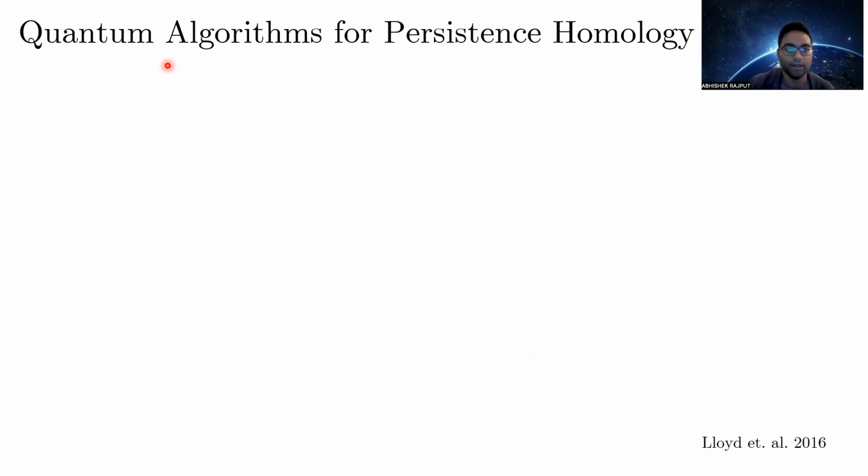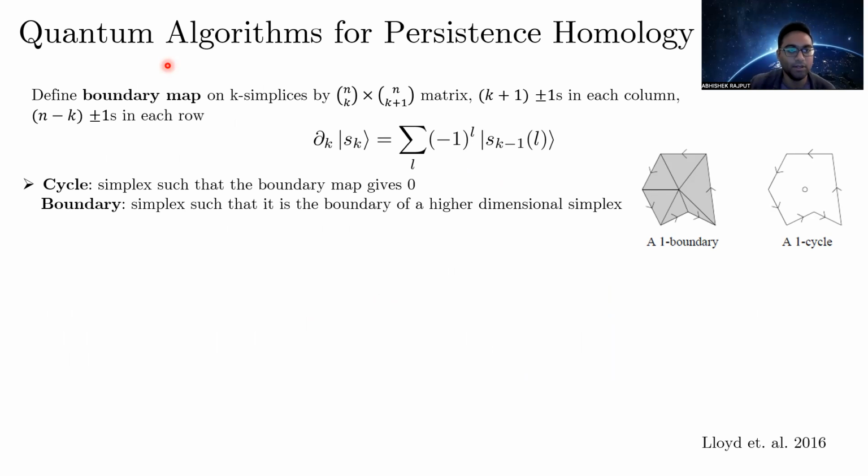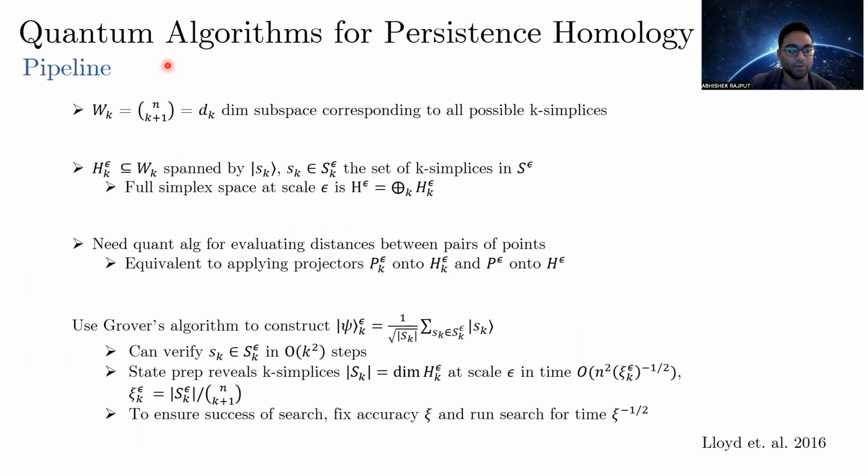I acknowledge this might have been confusing because I was mixing topology and the actual parts of the algorithm. The parts of the algorithm that are quantum are evaluating the projector onto the physical simplex space, and the part where you use Grover's algorithm to construct this linear combination of simplex states. As far as the input to the algorithm is concerned, you're just given the number of data points.